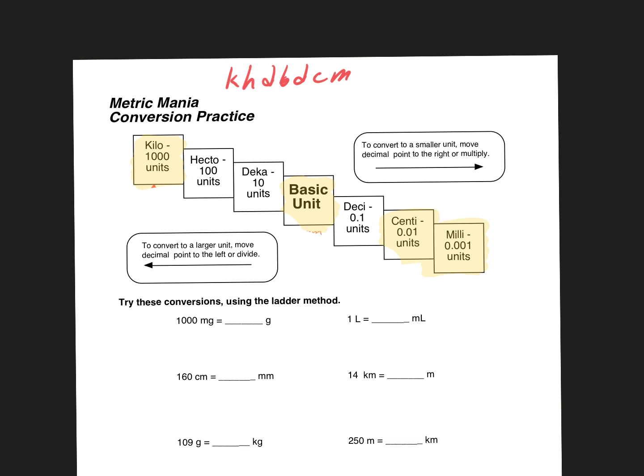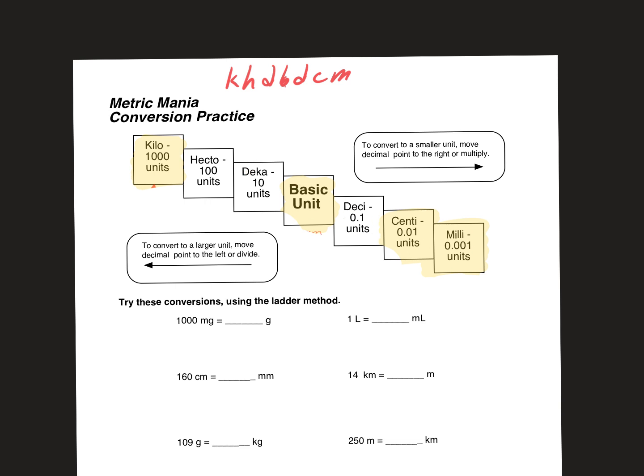Okay, these are the first letters in the prefixes kilo, hecto, deca, base unit, deci, centi, and milli. Okay? So let me repeat one more time. So we've got King Henry died by drinking chocolate milk.